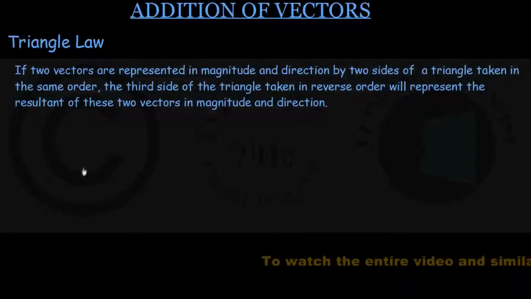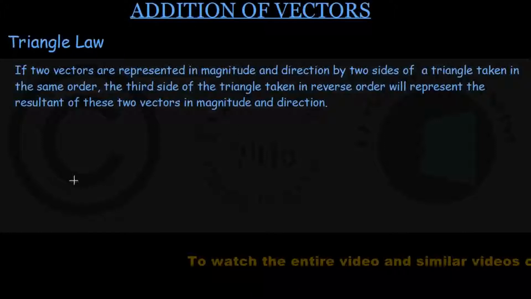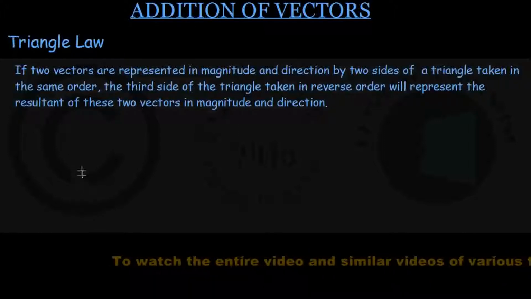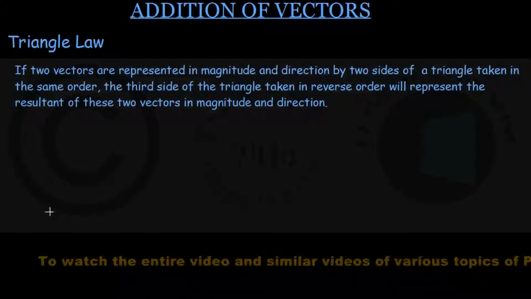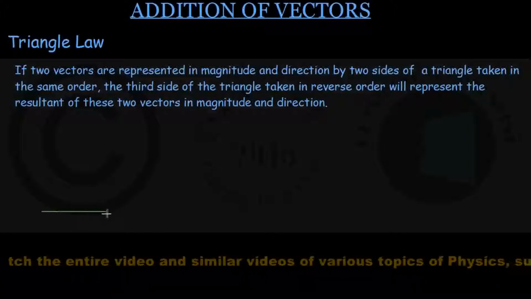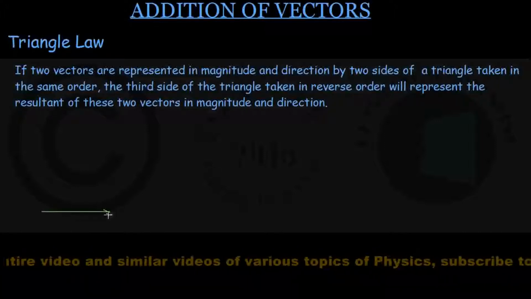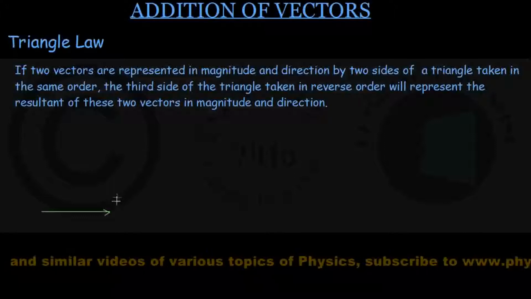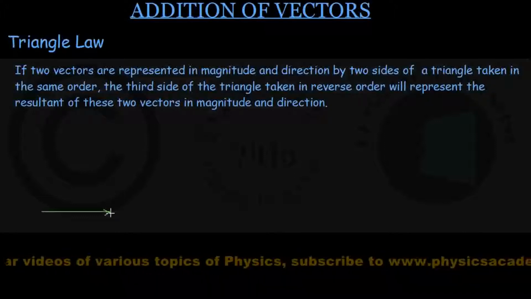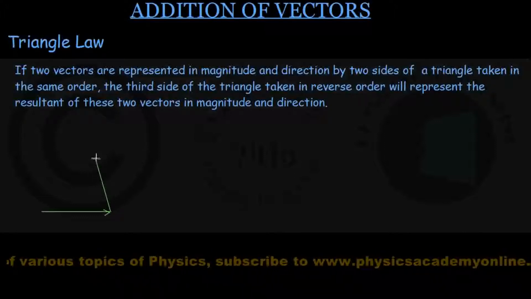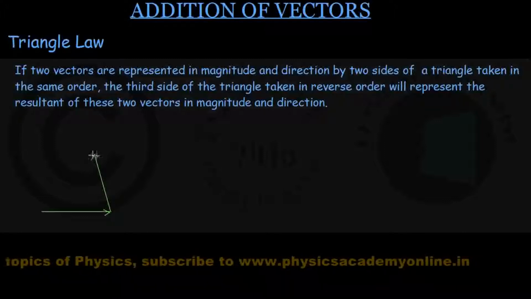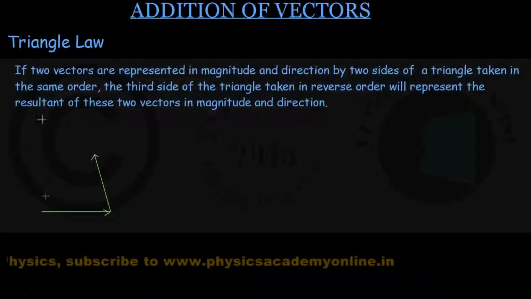What the law is saying is this: suppose there are two vectors and they are represented as I am showing on the screen here. You can see there is a vector here and another vector we have. So I have drawn like that. Okay, let me name them.